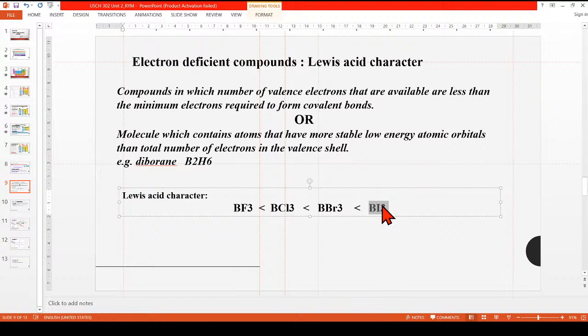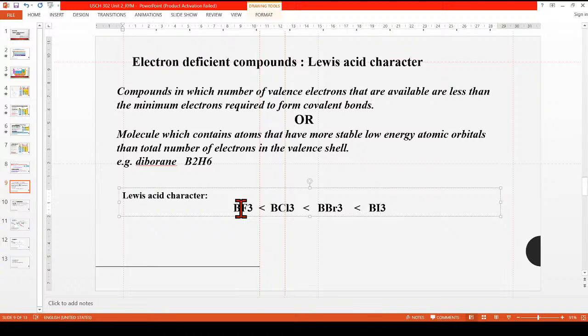The reason is since iodine is large in size, the bond between boron and iodine is not very strong, whereas the bond between boron and fluorine is very strong.